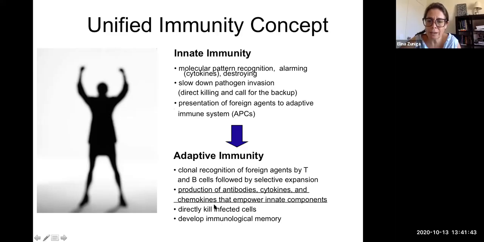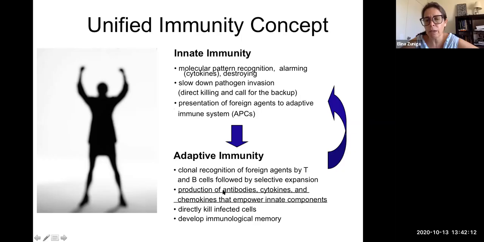But T cells can also directly kill, and we saw that for CD8 T cells. Finally, we also learned that the cells of the adaptive immune system, B cells and T cells, can develop long-term memory that protects us from reinfection. Part of how the adaptive immune system works is by empowering the innate immune system.